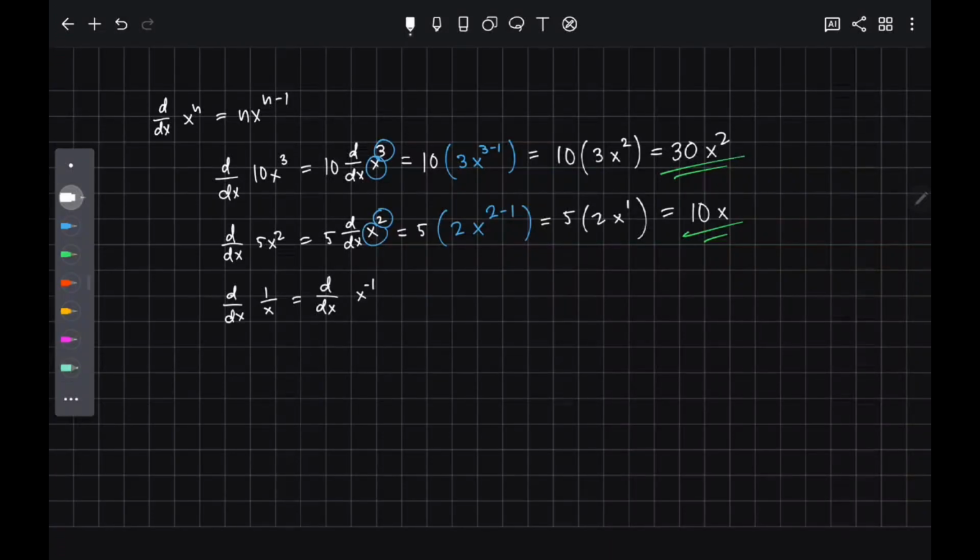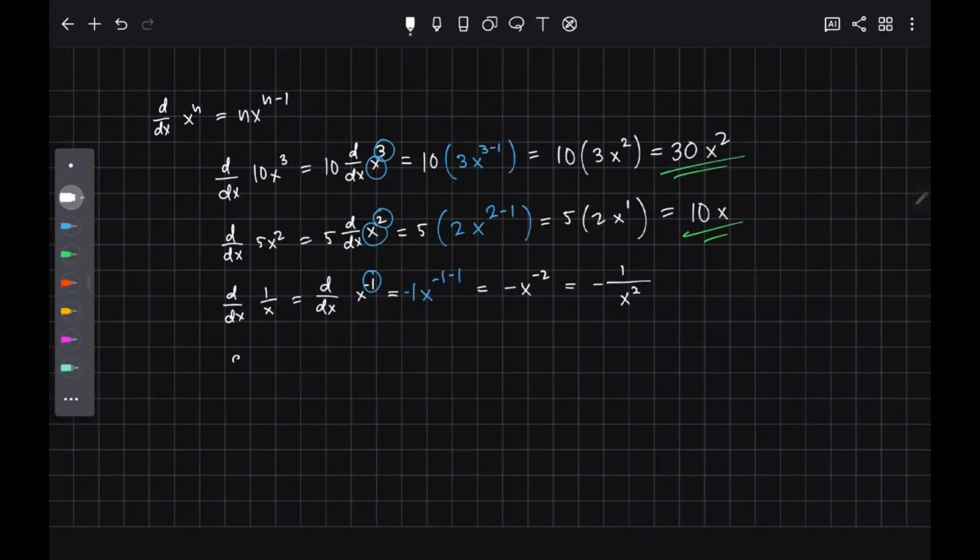Using the power rule, we copy x, then our n is negative 1, so we multiply that by negative 1, then n minus 1, so negative 1 minus 1. Simplifying, negative 1 times x is just negative x, and negative 1 minus 1 is negative 2. If we rewrite that, negative x raised to negative 2 is just negative 1 over x squared. Therefore, the derivative of 1 over x is negative 1 over x squared.